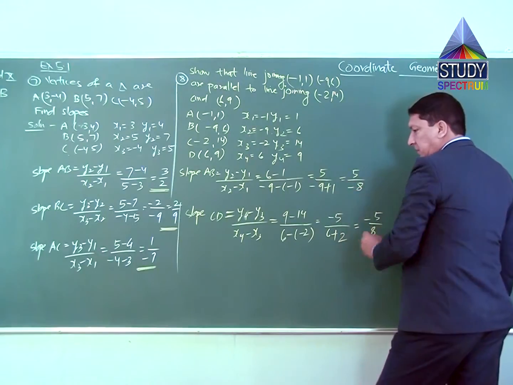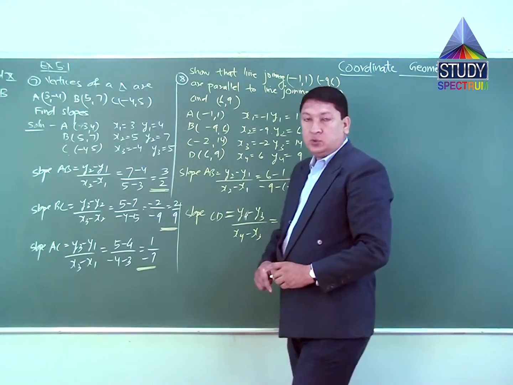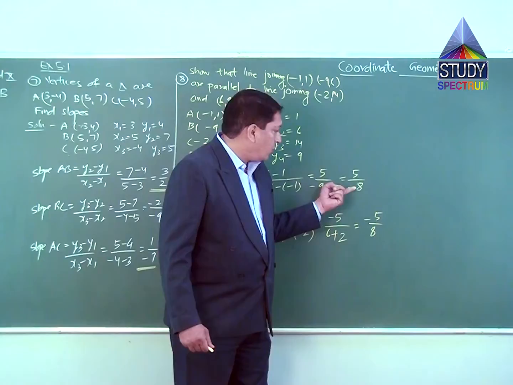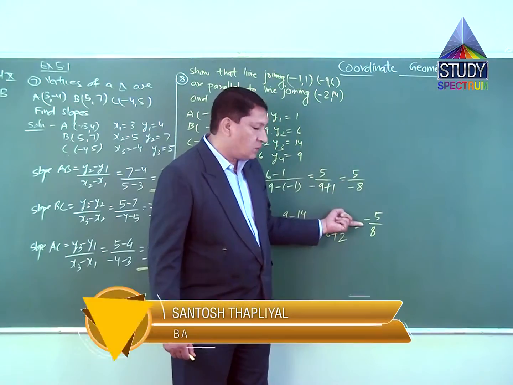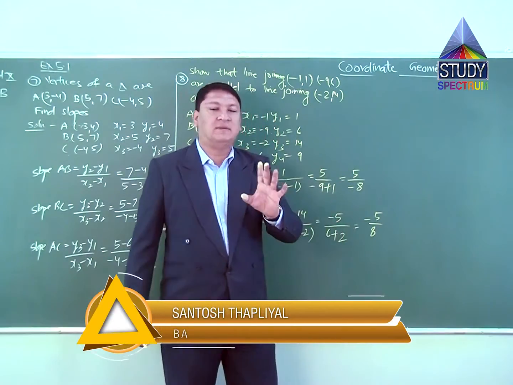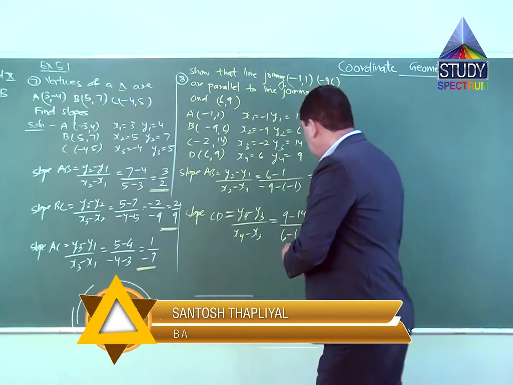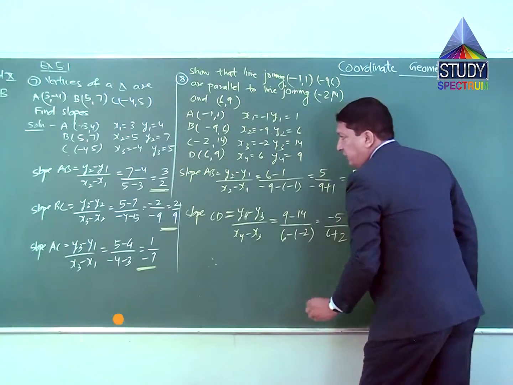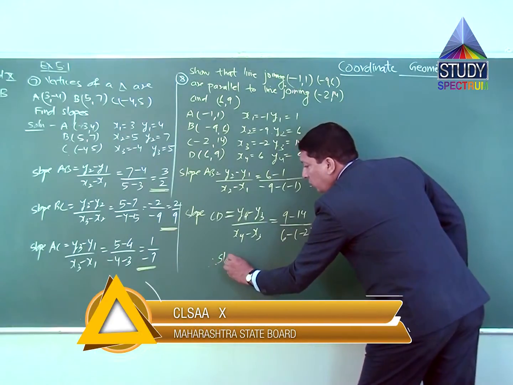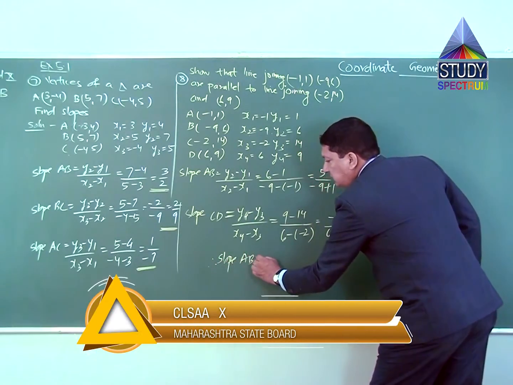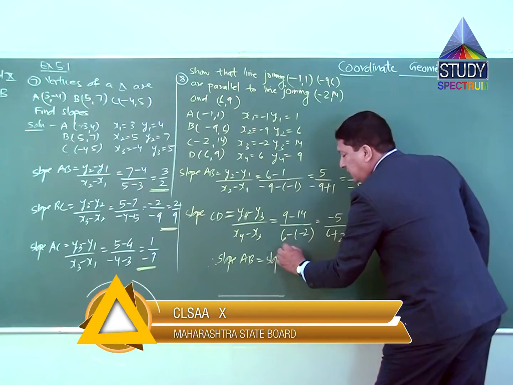Now these two values are same. Students, do note, whether the minus is in the denominator, in the numerator, or outside the fraction, all mean the same thing. When it comes to answers, all three are the same. Therefore, we can say slope AB is equal to slope of line CD.